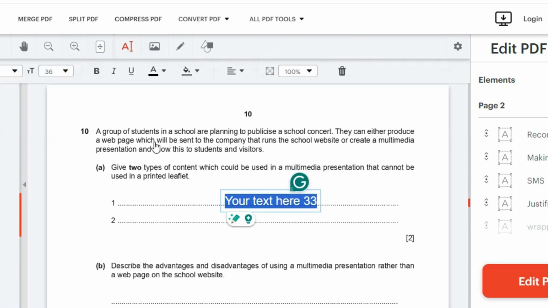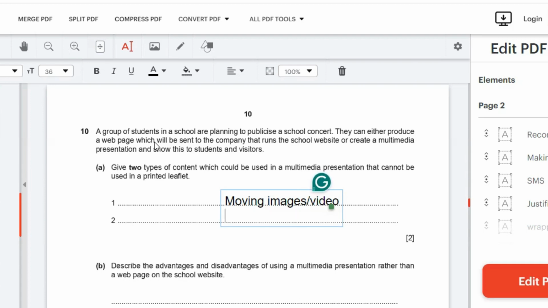One is moving images or videos. In a printed leaflet, you can't have moving images or videos, but in multimedia, you can, right?